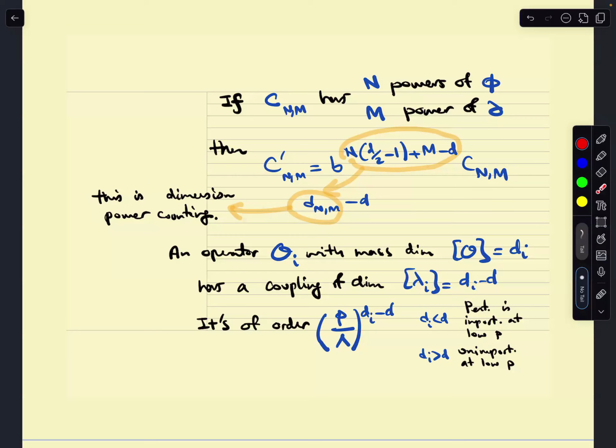This d has to do with the fact that you integrate this Lagrangian density over space-time.